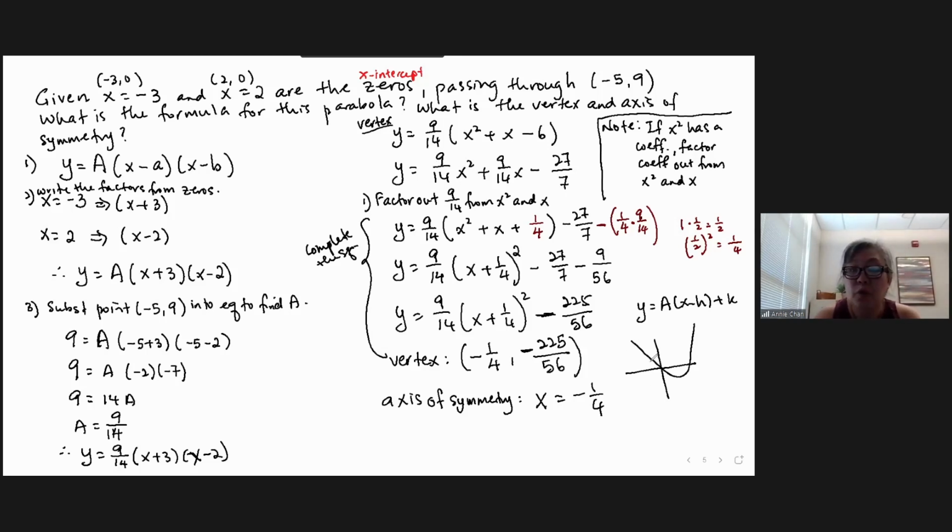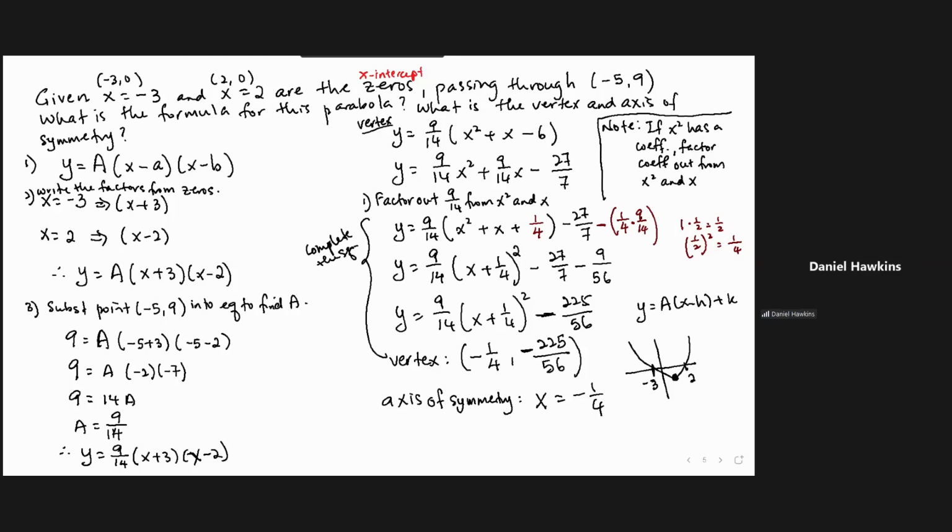So when it says that x equals -3 and it is a zero, it just means that the parabola crosses the x-axis at -3 and at 2. It's not to scale. Vertex means this point here.